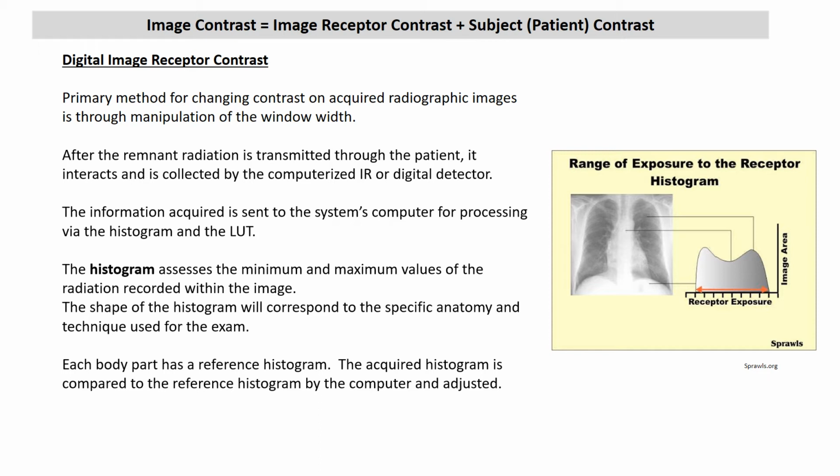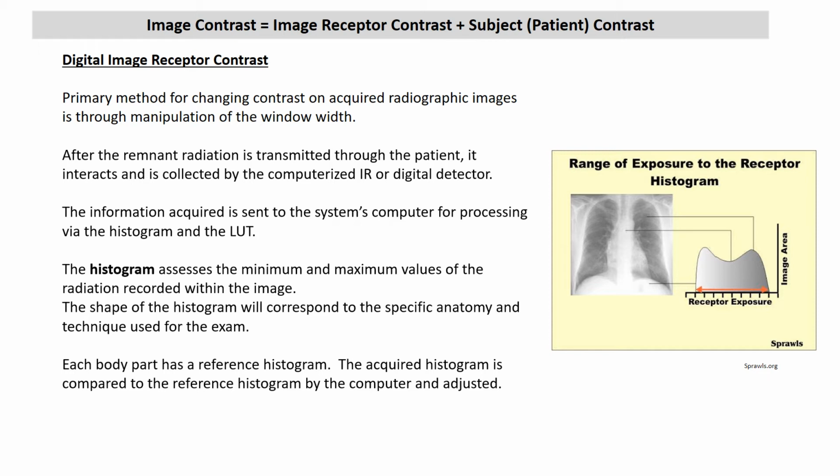Now, what do you do when you take an x-ray? You have to click on or indicate somehow the body part that you are going to be radiographing. When you do this in the computer, it sets up what's called a reference histogram, something that the computer is going to look at. The acquired histogram, what you're going to get, is based on the technical factors that you set up.